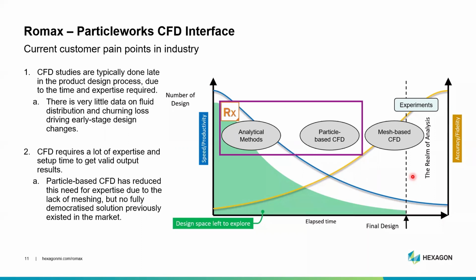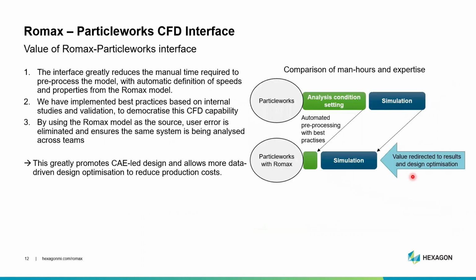So by building these links between Romax and Particleworks, we're setting out to bring particle-based CFD early on in the design process, make it even easier for drivetrain designers to bring CFD analysis into their early stage design. Now, the key value here is to further reduce the setup time needed to pre-process the model.